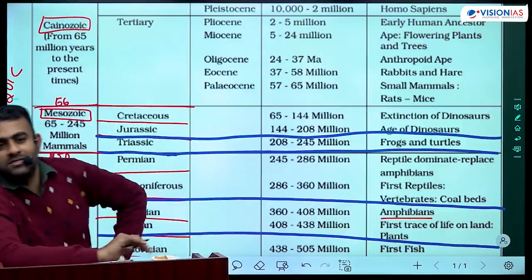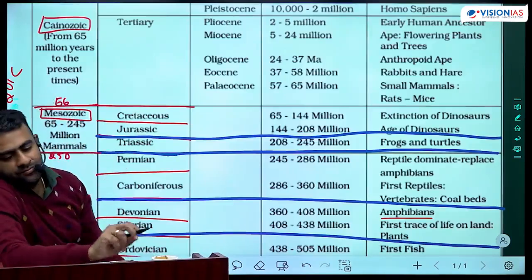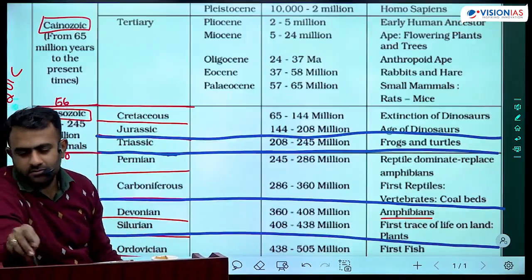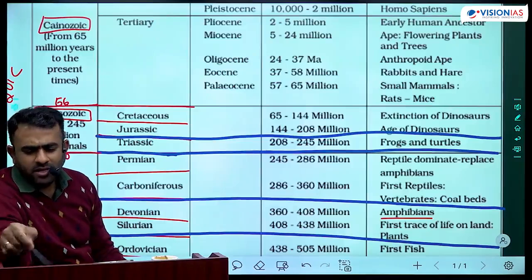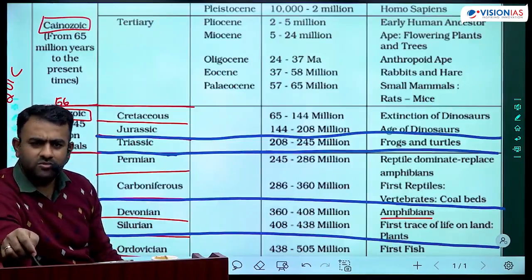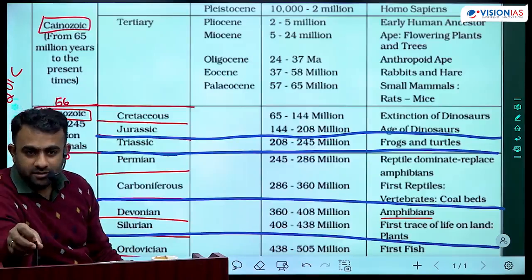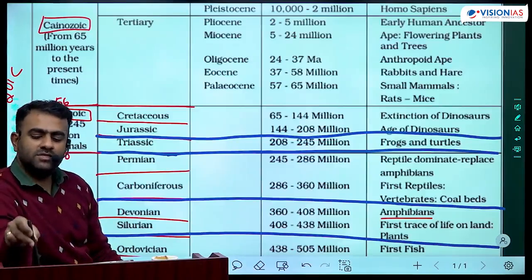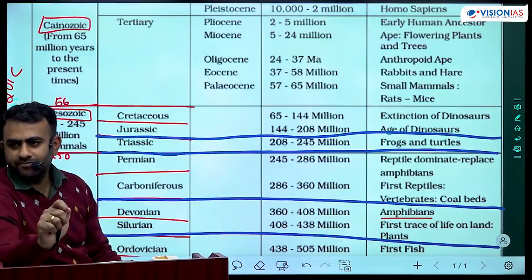Arrival of flowering plants. Angiosperms arrived here in Cretaceous. ये भी एक्सीडेंटली है. एक बार फ्लावर्स आना शुरू हो गया तो उनको पता चल गया ये तो बहुत ईजी है. They become very dominant. What is the advantage of flowering plants over other groups of plants?